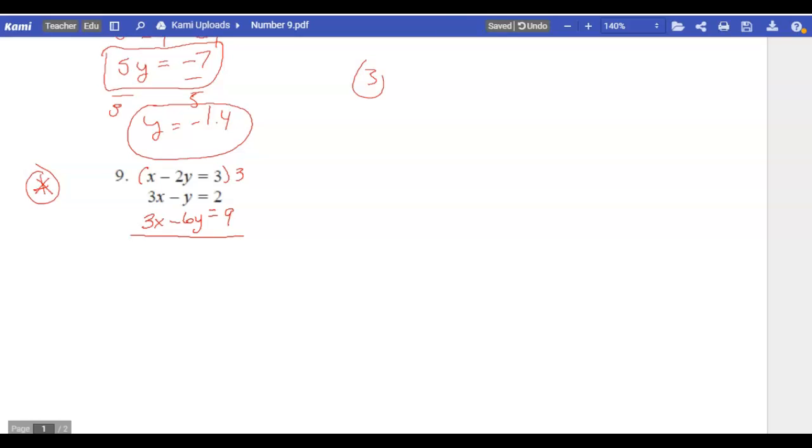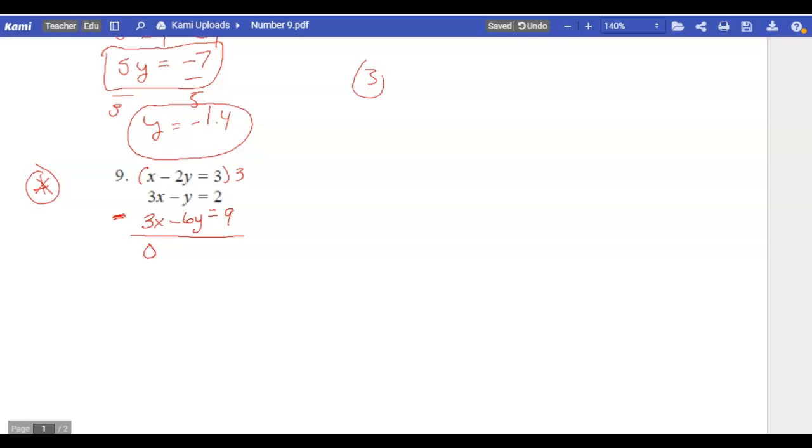So now, because these match, if I were to subtract them, they would disappear. 3x minus 3x is 0. So they cancel. But this is where it's tricky because you have negative y minus a negative 6y. So when I'm minusing a negative, that's going to become a positive.